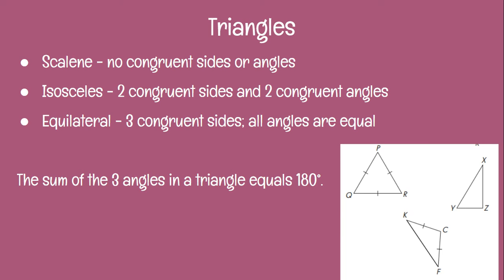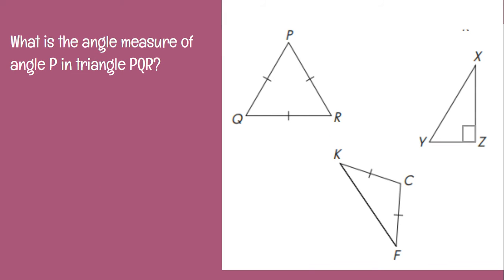Each of these triangles, if we added up the sum of the angles, would equal 180 degrees. So taking that knowledge, let's look a little closer at each of these triangles. Let's start with triangle PQR. We already know that it is equilateral, and so that means all the sides are equal, but it also means all the angles are equal.